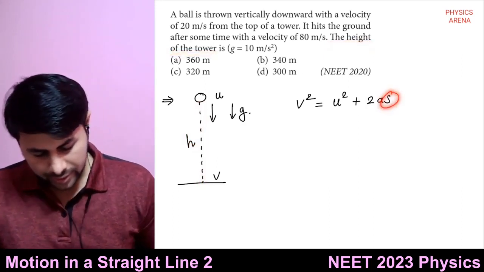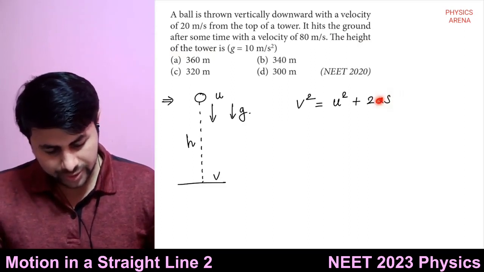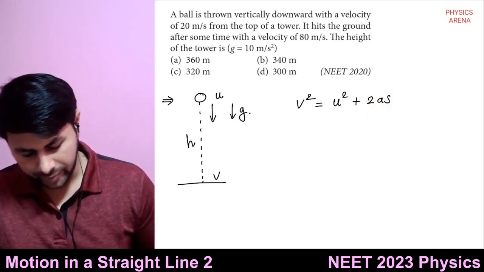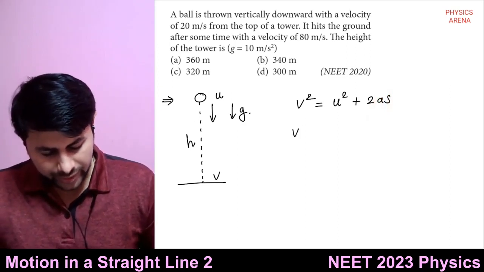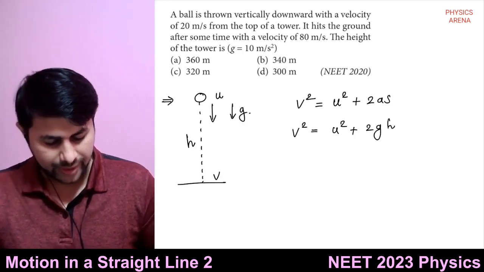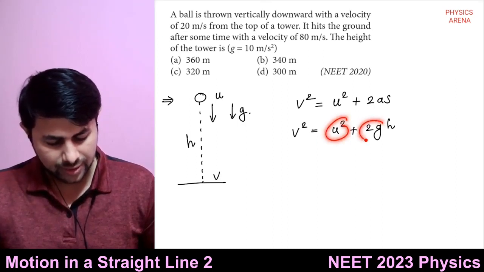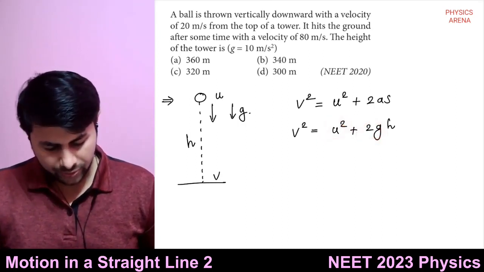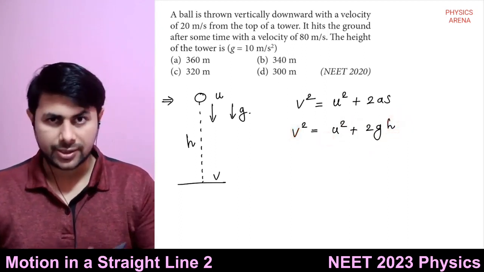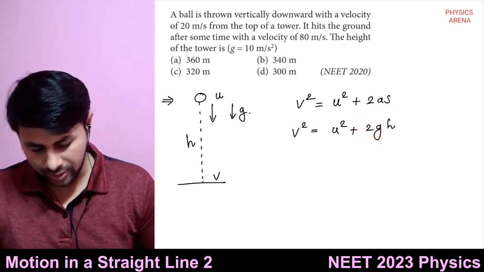So we substitute a equals g, and s equals h. So v square equals u square plus 2 times g multiplied by h is what we get. Then we can take u square and 2g on the other side. So we get h is equal to v square minus u square, and 2g will go into the denominator.